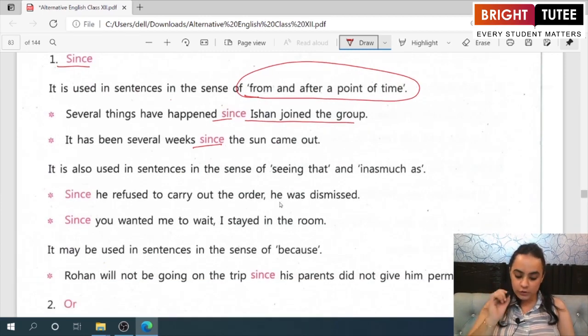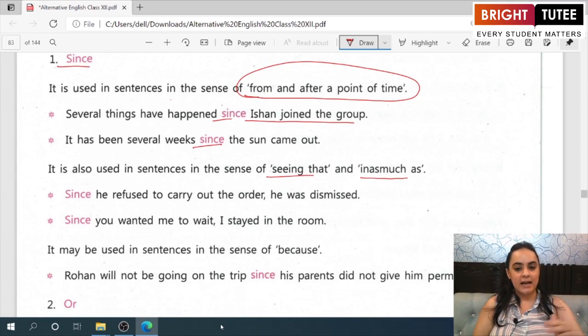It is also used in sentences in the sense of seeing that or in as much as. So seeing that, in as much as, when you talk about such references, then also we use since. For example, since he refused to carry out the order, he was dismissed.